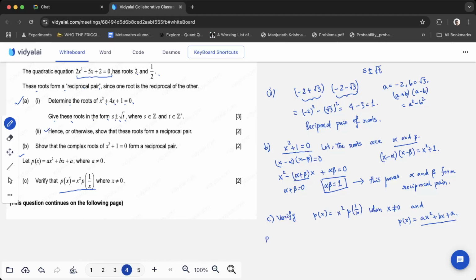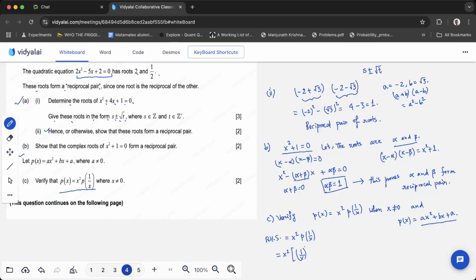So let's start with the RHS, the right hand side of the proposition that you have to prove. So that is x squared times p of 1 over x. So x squared is a factor, so we take this out. What is p of 1 over x? It's just putting 1 over x in the place of x in the polynomial expression of p of x.